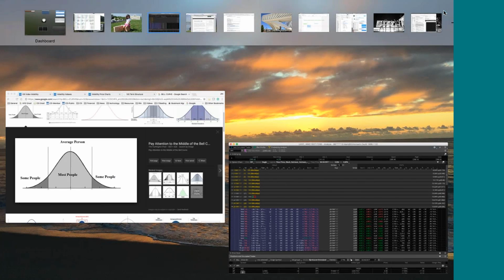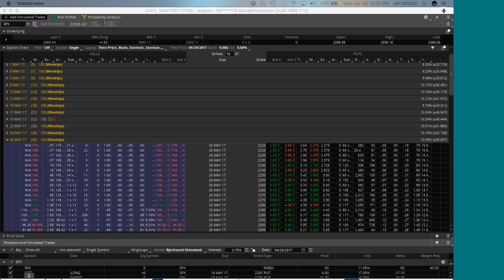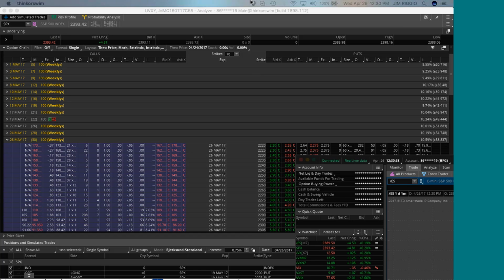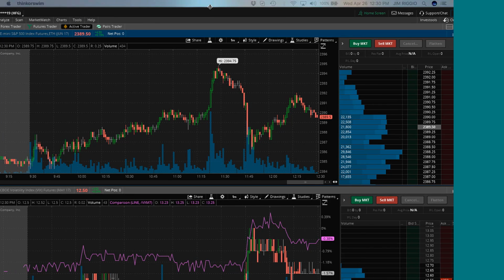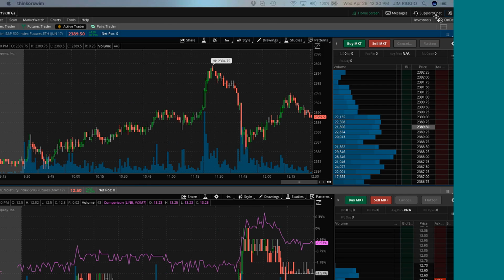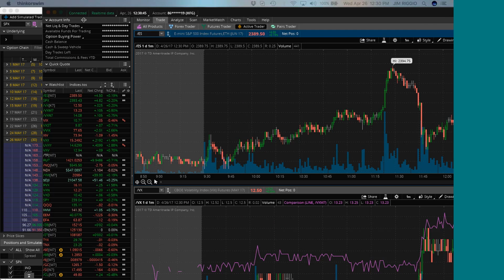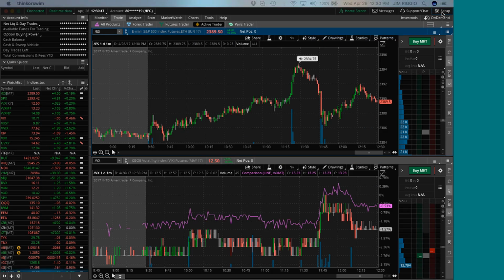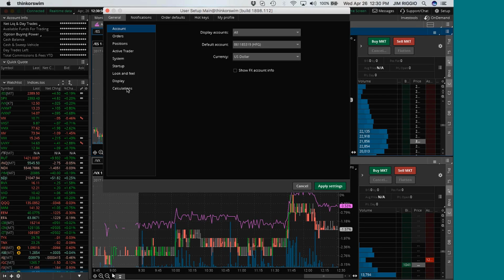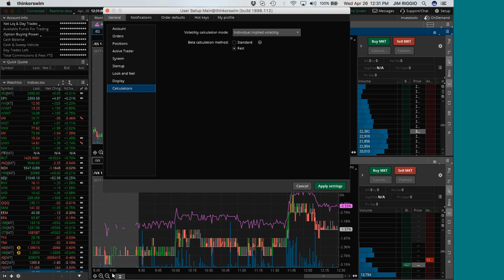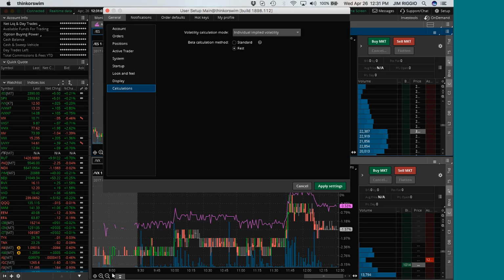If you go to your setup screen on your home page, setup, application settings, and then I think it's calculations, right? Underneath calculations, there are different ways you can have thinkorswim calculate your information.